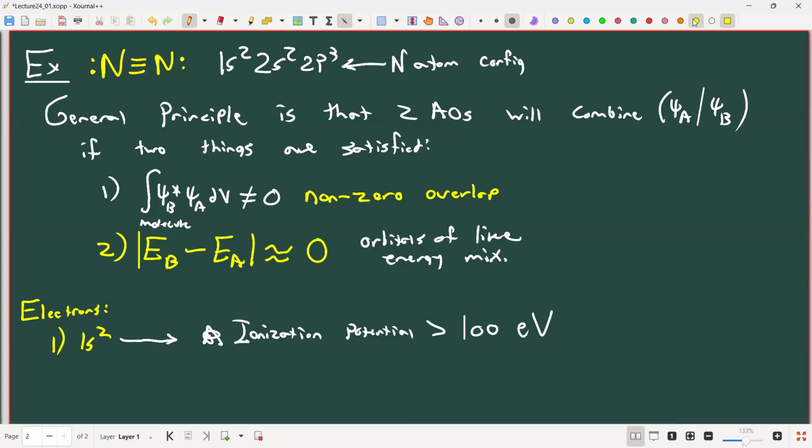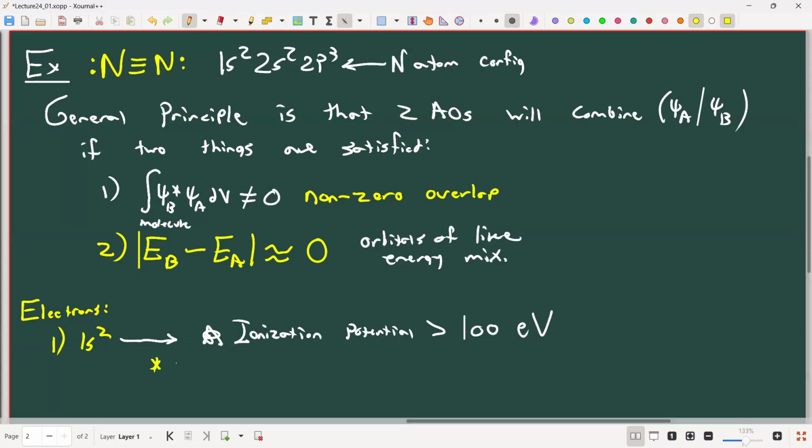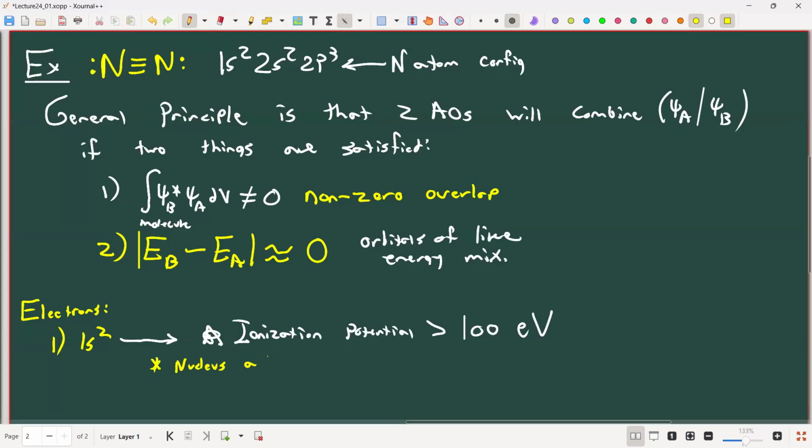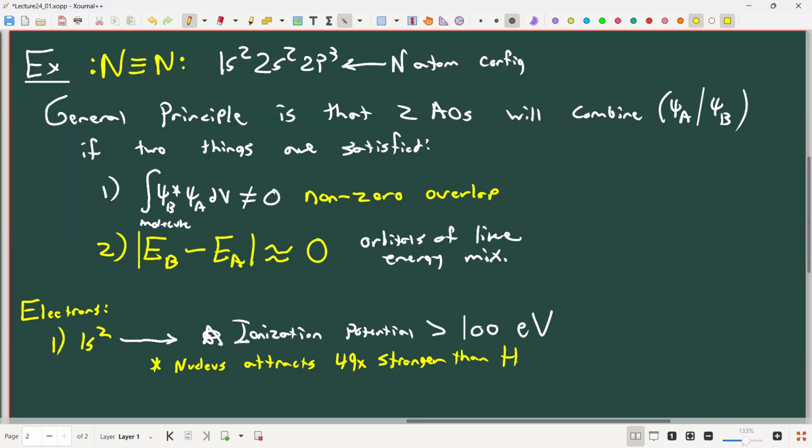Right, so they're bound for 2 reasons. One is that the nucleus attracts 49 times stronger than hydrogen. The difference is not 49, it's not 13 times 49, it's 100. That's only 10. And the reason why it's not so deep is that it's also being repelled by the electrons above it.